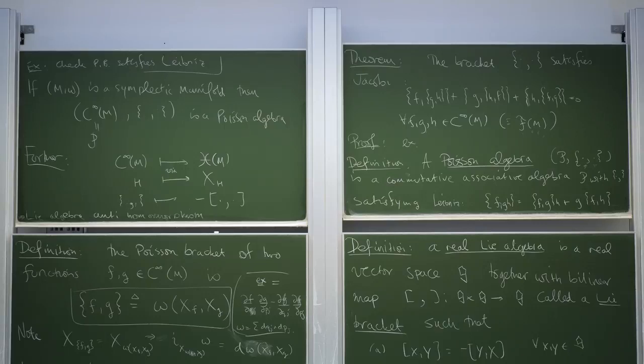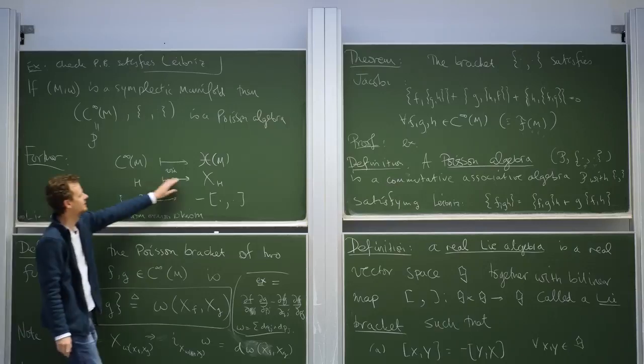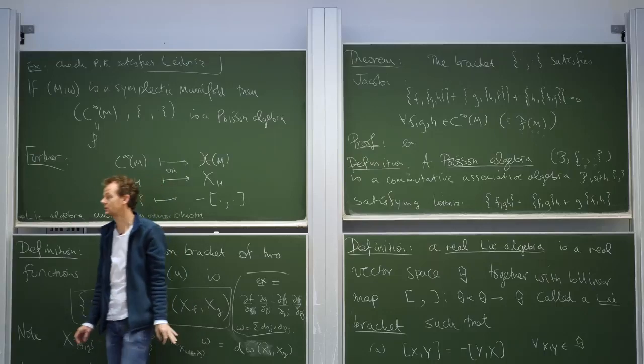So we get a representation of this Poisson algebra via vector fields on a manifold.